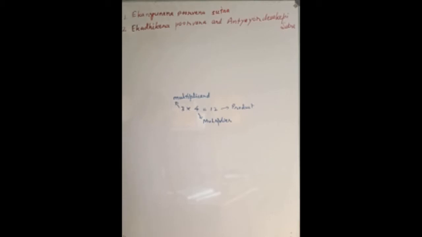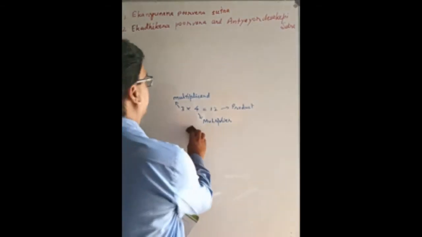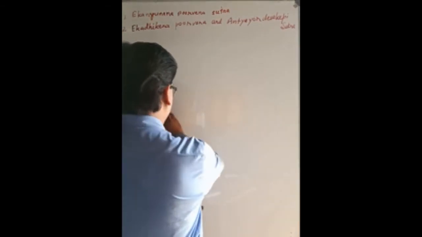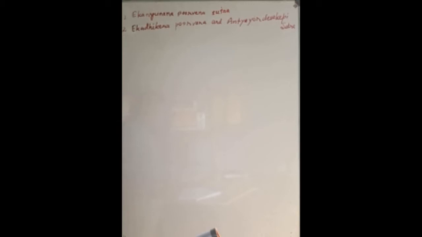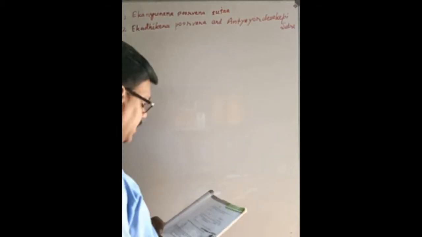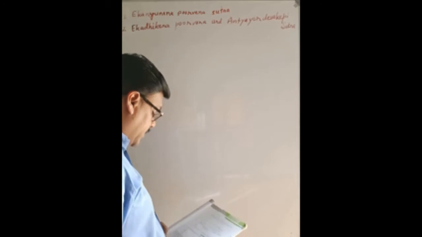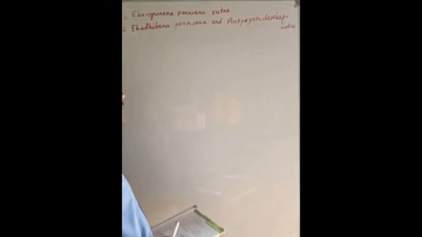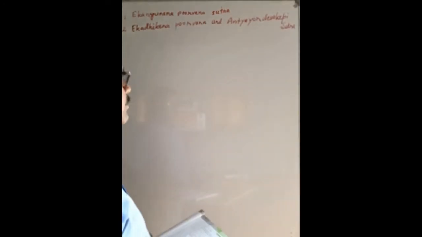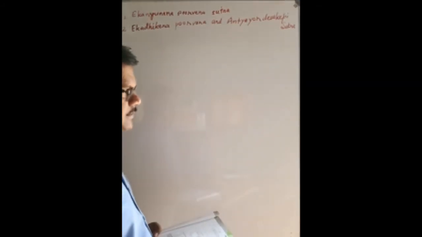There are 3 conditions that occur between the multiplier and multiplicand. Number 1, the number of digits is the same in multiplier and multiplicand both.